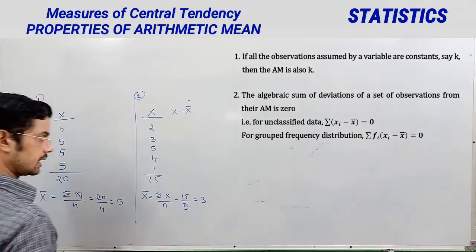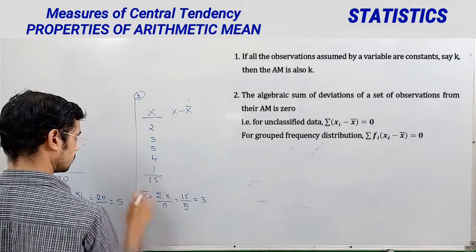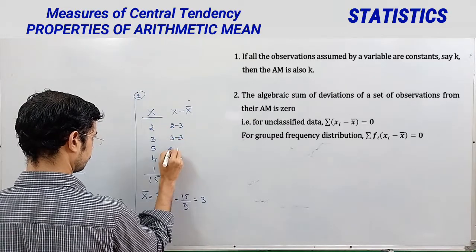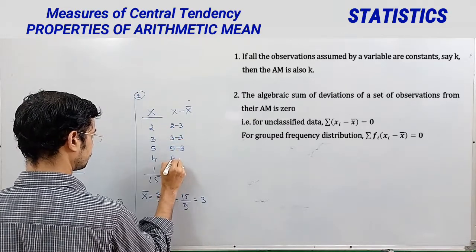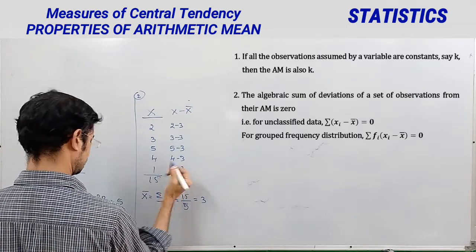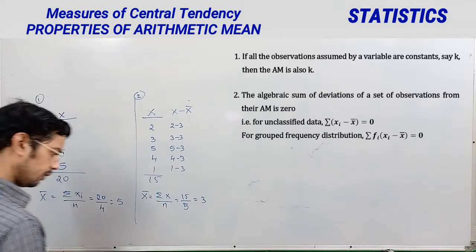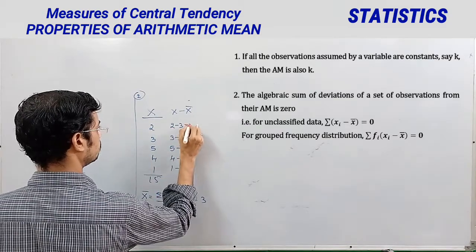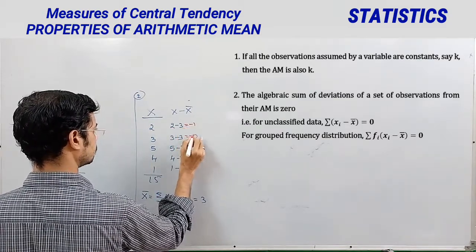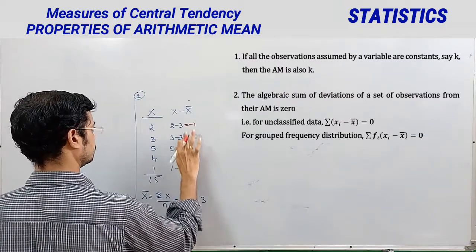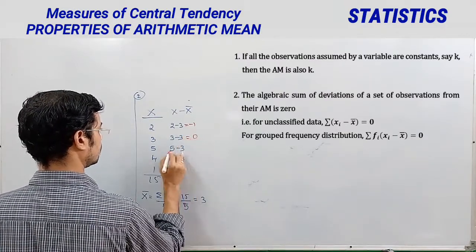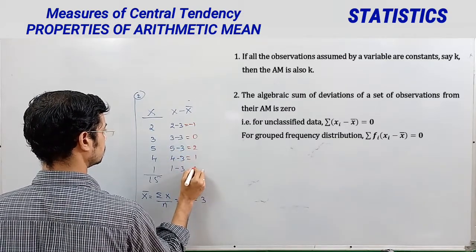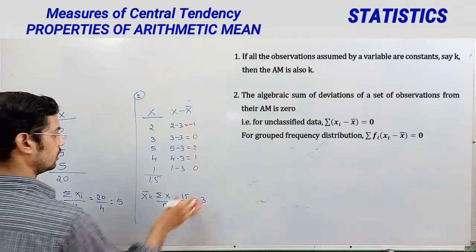Now I am going to subtract 3 from each of the observations. So it is 2 minus 3, 3 minus 3, 5 minus 3, 4 minus 3 and 1 minus 3. What is 2 minus 3? It is equal to minus 1, this is 0, this is equal to 2, this is equal to 1, and this is equal to minus 2.